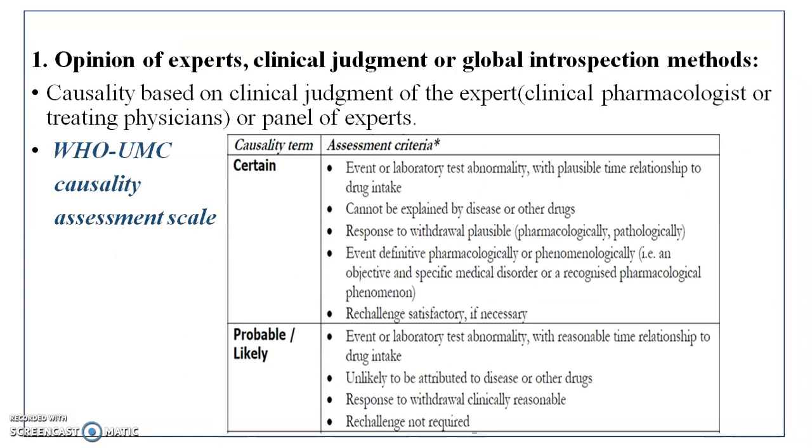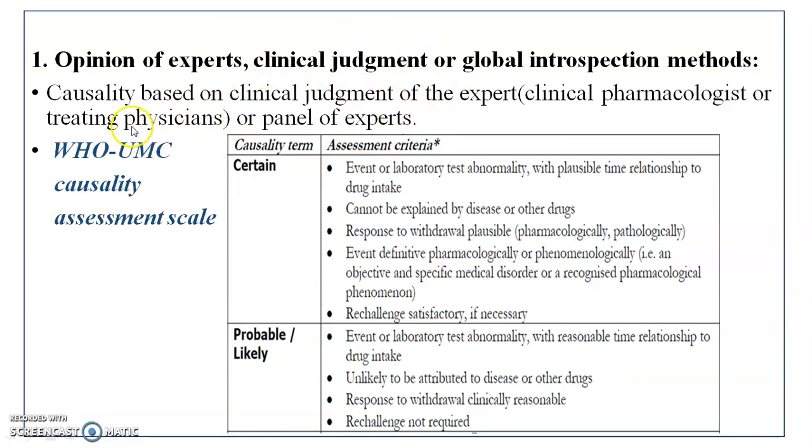In case of the first one, that is opinion of experts or judgment by clinicians and the global introspection method, the main parameter is the experts' opinion, where experts assess causality. A clinical pharmacologist, treating physician or panel of experts will sit together and discuss whether there is a causal relationship between the drug and the event or not.